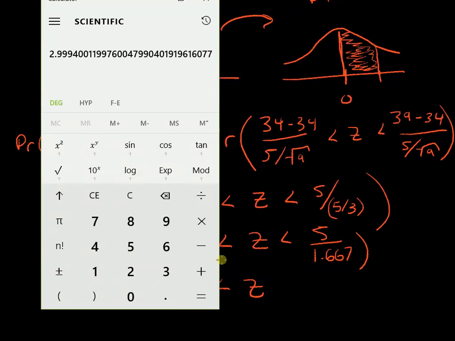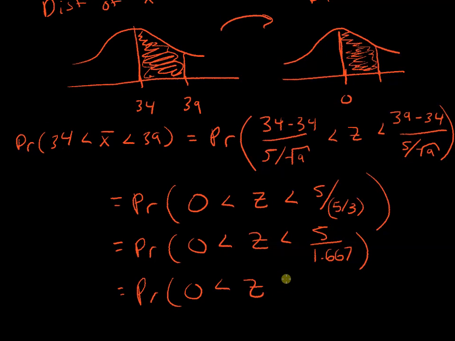Remember, z gets rounded to 2 decimal places because of the restriction due to your table. These 9s bring that up to a 3, so 3.0. This number here is 3.